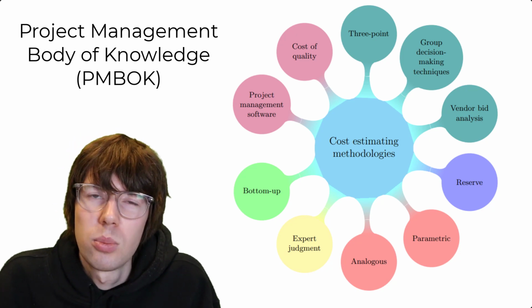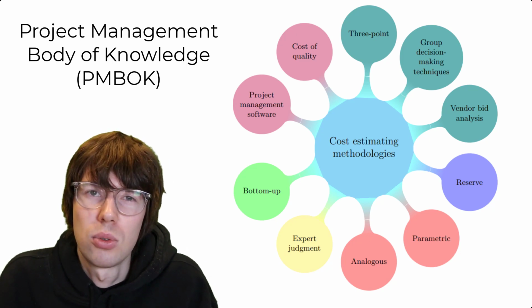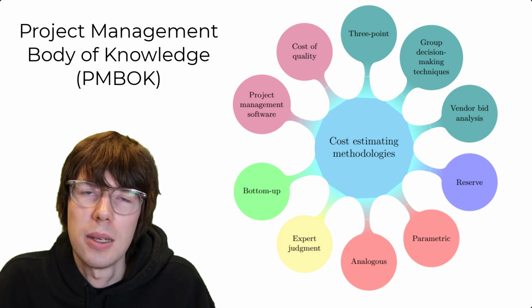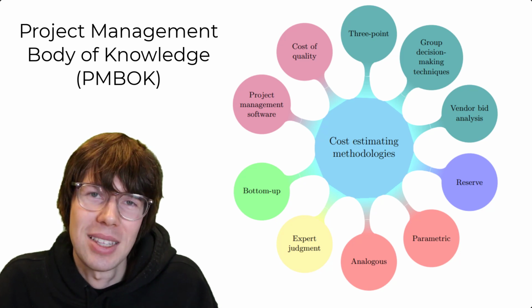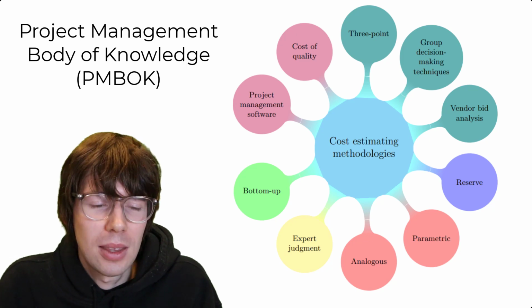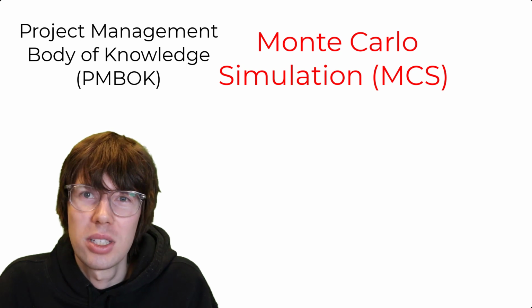Now the second part of the course is about the probability density function, to identify the uncertainty of the cost estimate. And the basic tool we're going to use to do that is called Monte Carlo simulation.